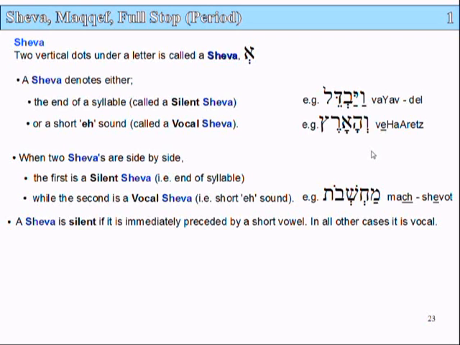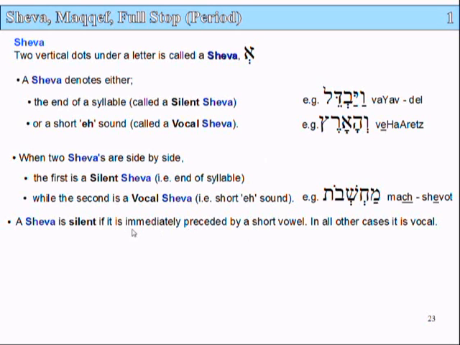A Sheva is silent if it is immediately preceded by a short vowel. In all other cases, it is vocal. Okay, so we had a look at the vowels before; this is a short vowel, and this is a long vowel.